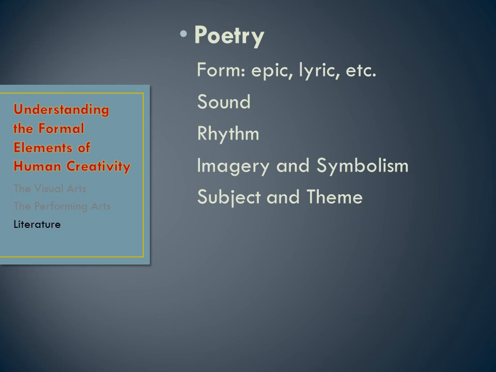If you really want to become more familiar with this, I invite you to take an Introduction to Literature course. You'll learn a lot about poetry as well as the other forms of literature. Like other forms of visual arts, poetry will also deal with subjects and themes. And again, as the course progresses, we'll unpack some of that and how that works from society to society.